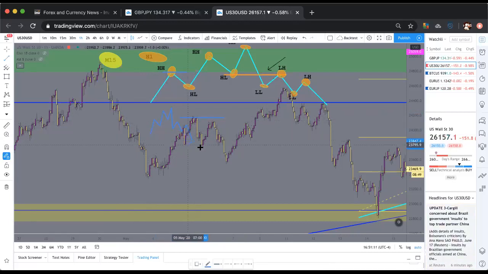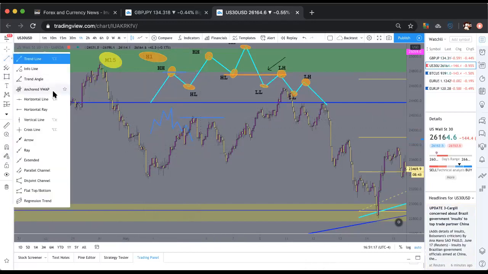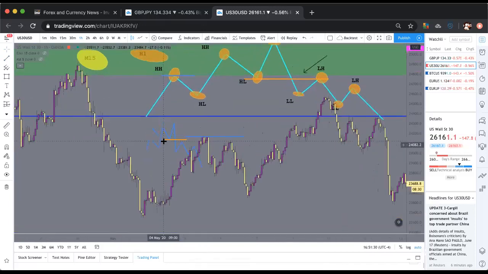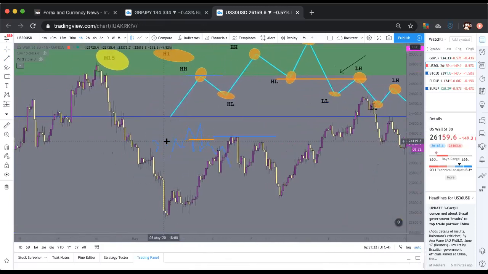Okay? And that break happened right here. Okay? And let me change the color of this. Right? So just so I can make sure everyone sees, this is what I would see on my M15 time frame.